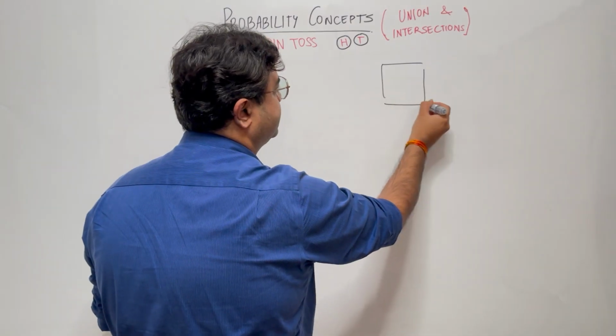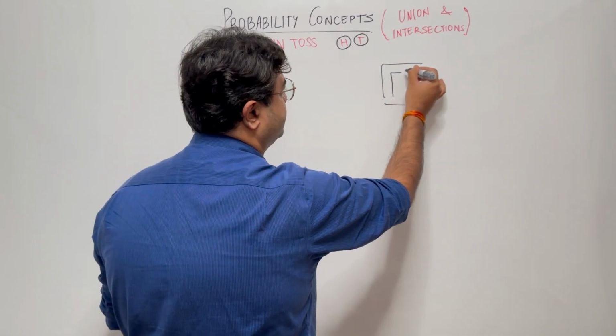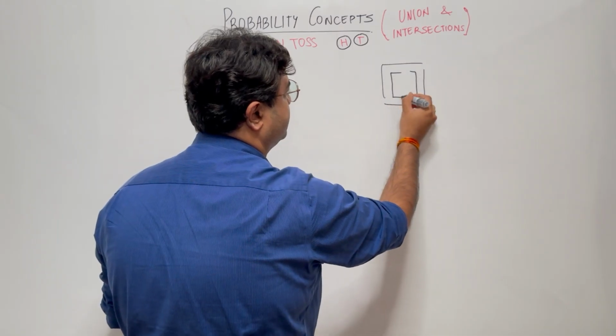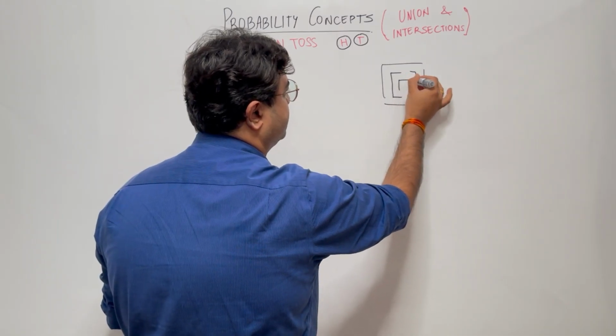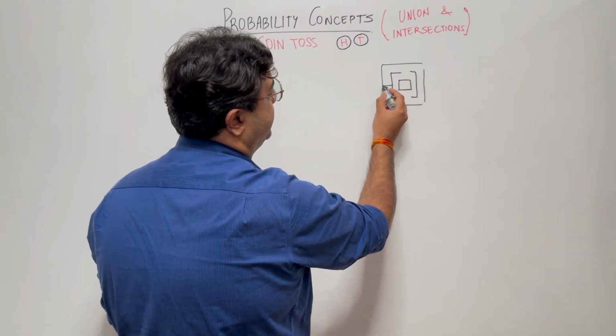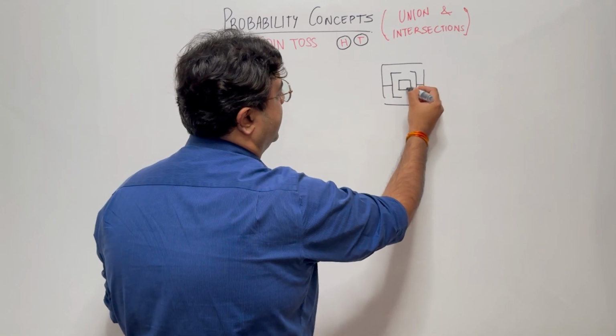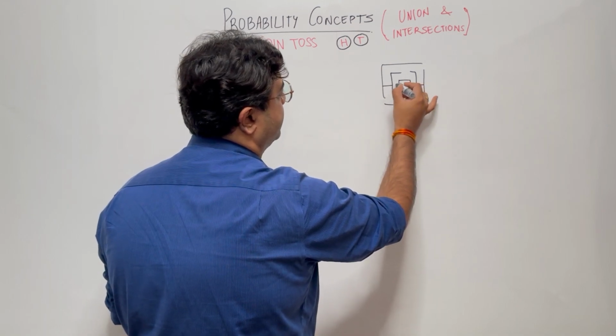Let me give an example of a maze. Let's say I block it here, and then I block it here.